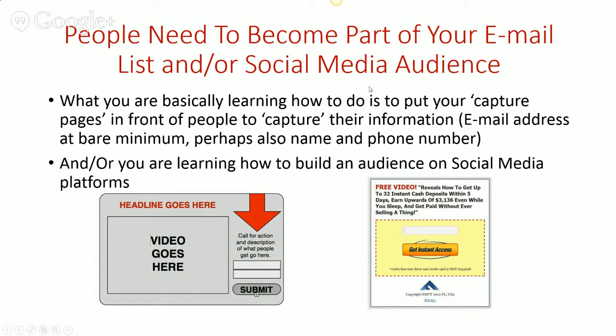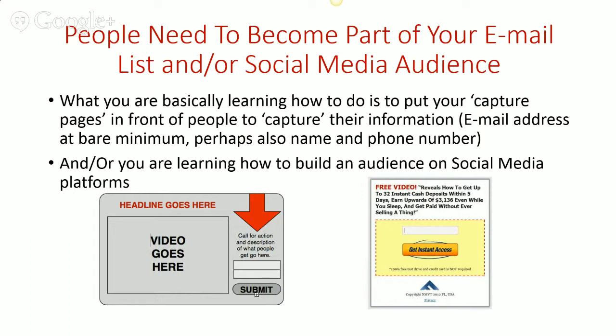So what you're basically learning how to do is to put your capture pages, and I've got some examples down here which I'll talk about in a second, in front of people to capture their information. It might be email address at the bare minimum, but perhaps also their name and their phone number. It depends whether you're doing paid or unpaid marketing.